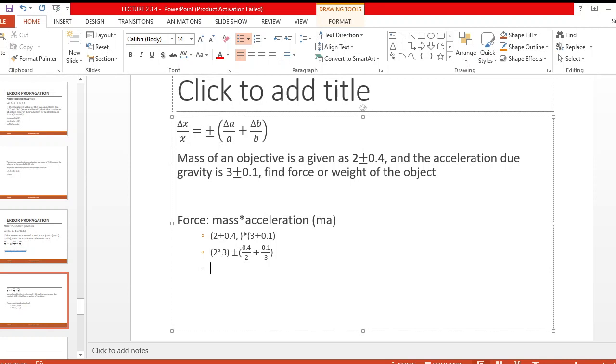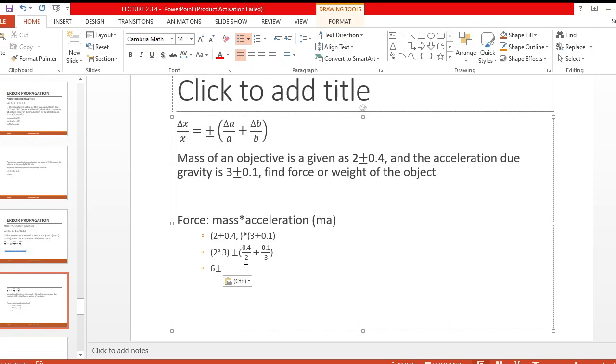Now when you complete the mathematics, you find that the answer is 6 plus or minus the summation of the two values.